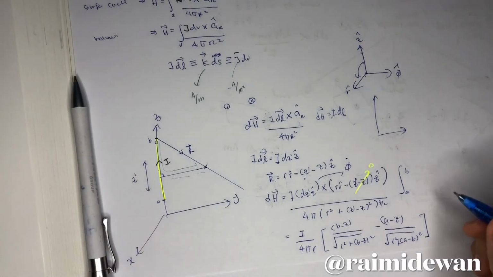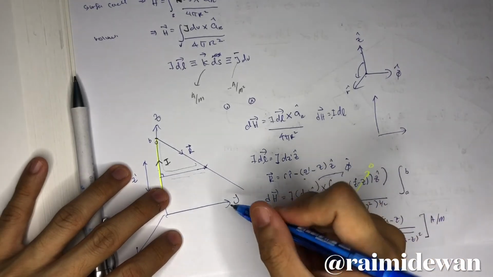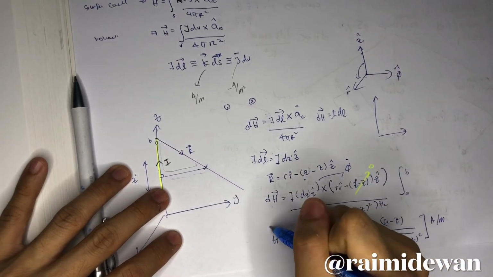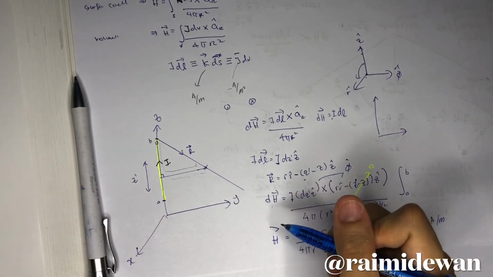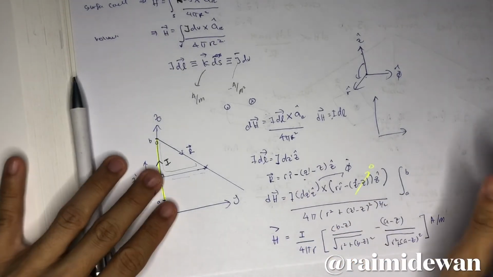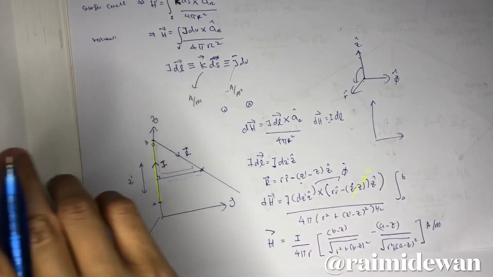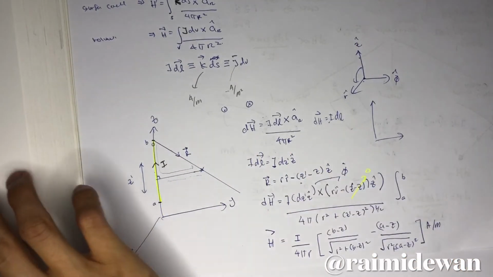So what is the unit? Ampere per meter, for your h. Please be careful about the unit. Then we apply the integral identity.